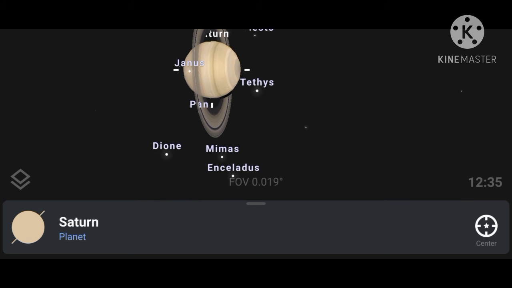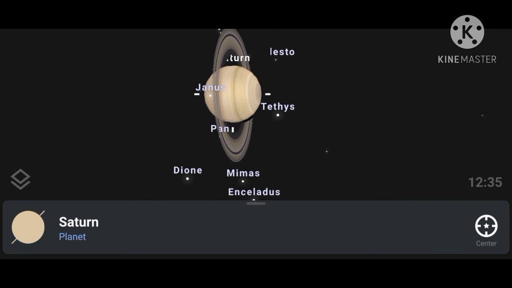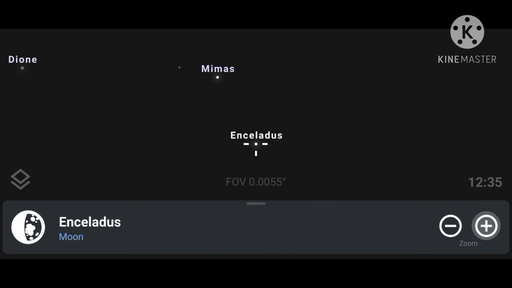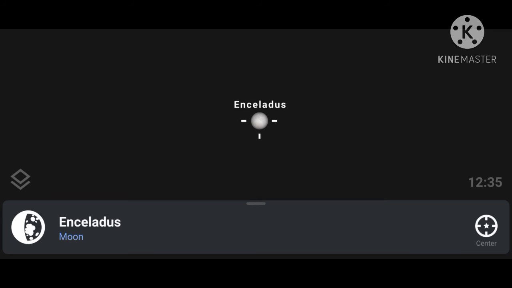Some of these are Enceladus, Mimas, Dione, and Janus. We can view one, such as Enceladus. But in this sense, we cannot zoom it further because it is, as of now, at the farthest point of Saturn's orbit.